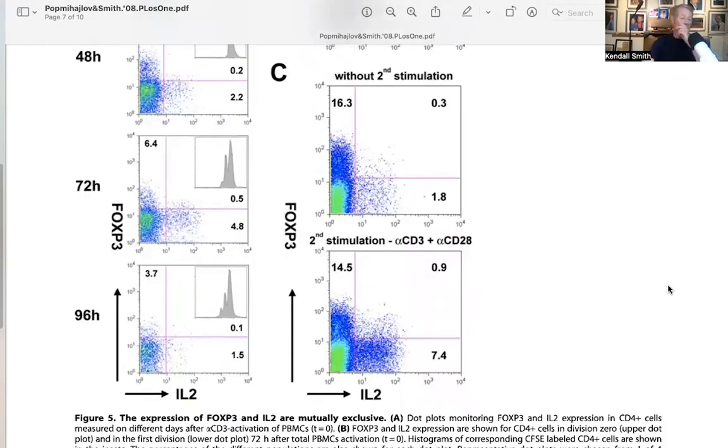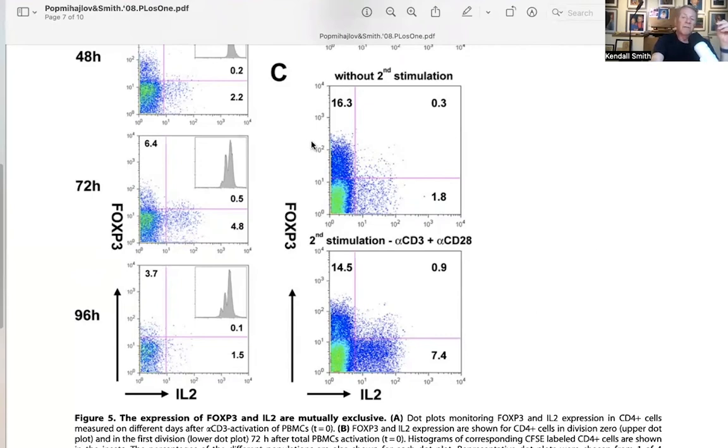So we cultured the cells for 24 hours, washed them free of all their activation, and then re-stimulated them through anti-CD3 and anti-CD28, and looked at the whole thing again with FOXP3 versus IL-2.